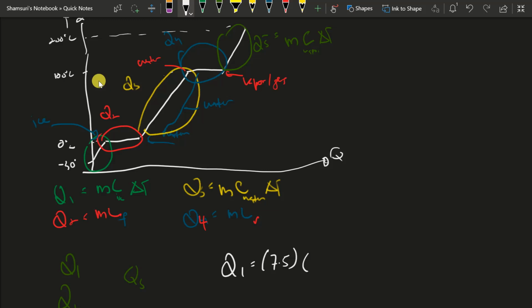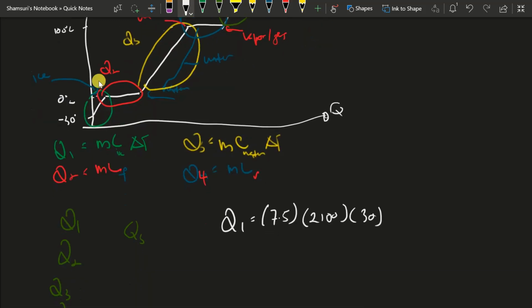So we have to calculate with c of ice, which is 2100. So we know this one just now. The change of temperature is from minus 30 to 0, 30 degrees, for Q1. I didn't calculate it; you have to calculate it because it's too short of time.